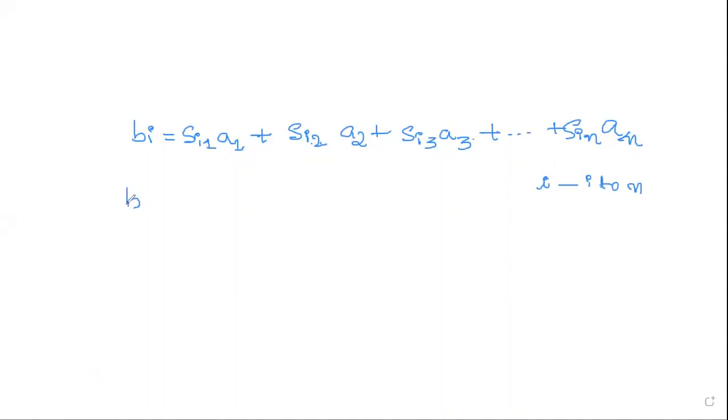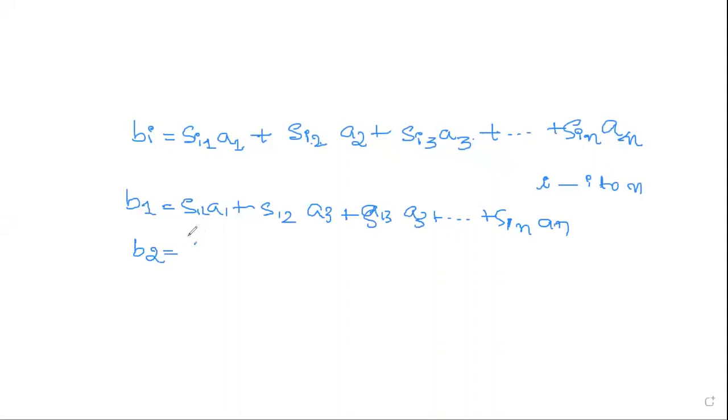So tell me, what is the equation for B1 here? If I write for B1, i is equal to 1: S11 A1 plus S12 A2 plus S13 A3 until S1N AN. You have to write the scattering matrix now.